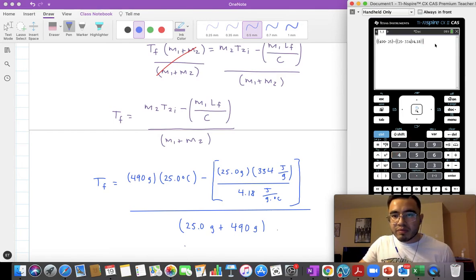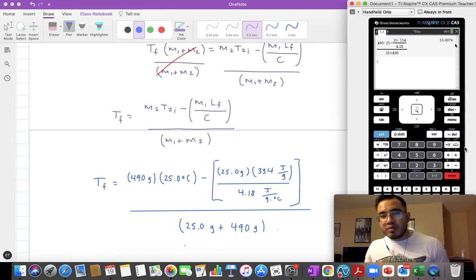There you go. I added an extra parentheses, which is okay. And then that'll be divided by 25 plus 490. So 19.91. Two significant digits, so let's leave it at 19.9 degrees.